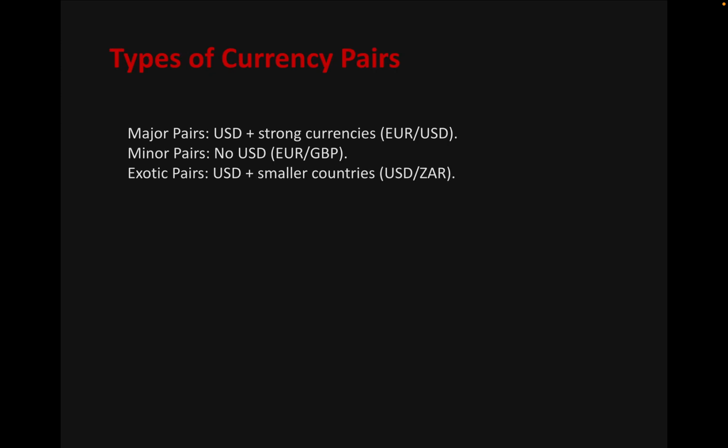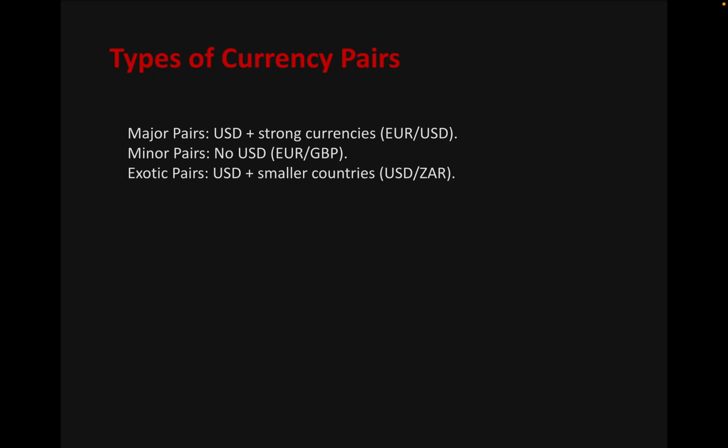Now there are different types of currency pairs. We have the majors, the minors, and the exotics. The major pairs are the strong ones that are widely used, like EUR/USD and GBP/USD. Those are the strong ones, and they're very valuable.